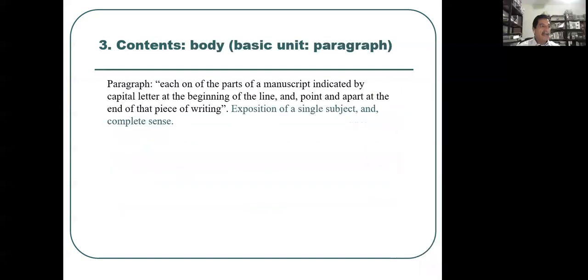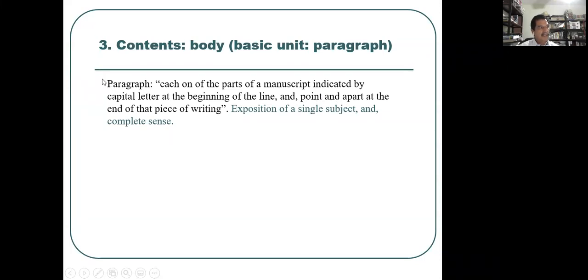So this is something that we have explained before. Remember that the basic unit of the redaction is the paragraph. So we have to write a paragraph in a very consistent way. A paragraph is each part of the manuscript that starts with a capital letter and ends with a point and a part at the end.